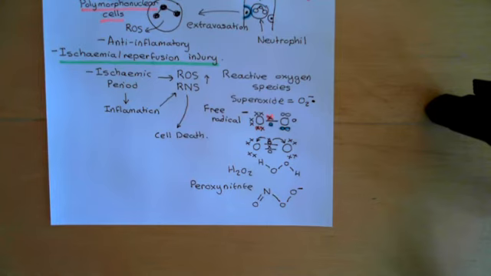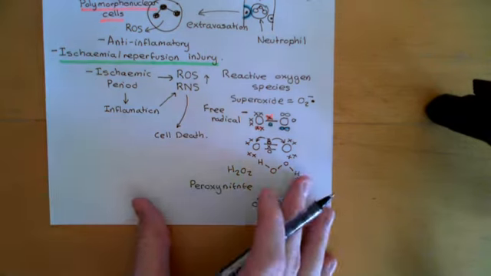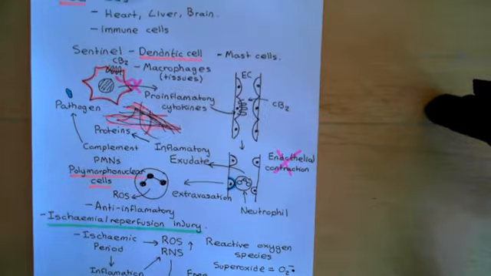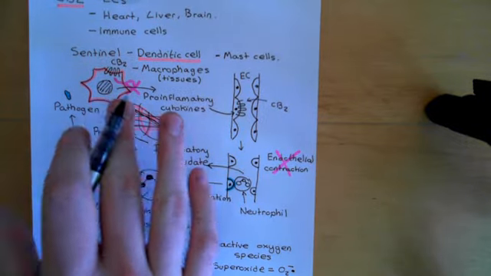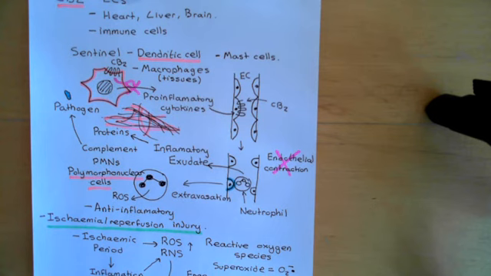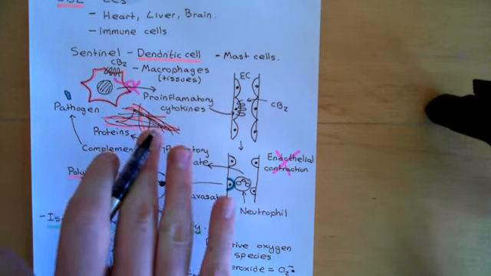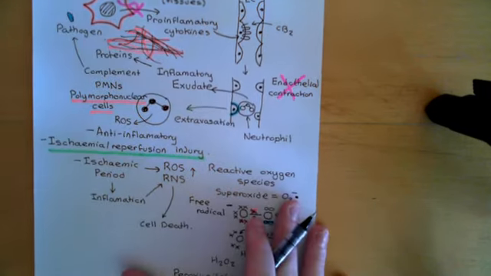Okay, so the idea then is that endocannabinoids working through the CB2 receptor might have a way of protecting this, might stand as a way of protecting tissues against this. Okay, so we've discussed that in a time of ischemia, cells start producing endocannabinoids. So that means that the CB2 receptors on the sentinel cells and the endothelial cells are going to be activated, and this is going to have that anti-inflammatory effect.